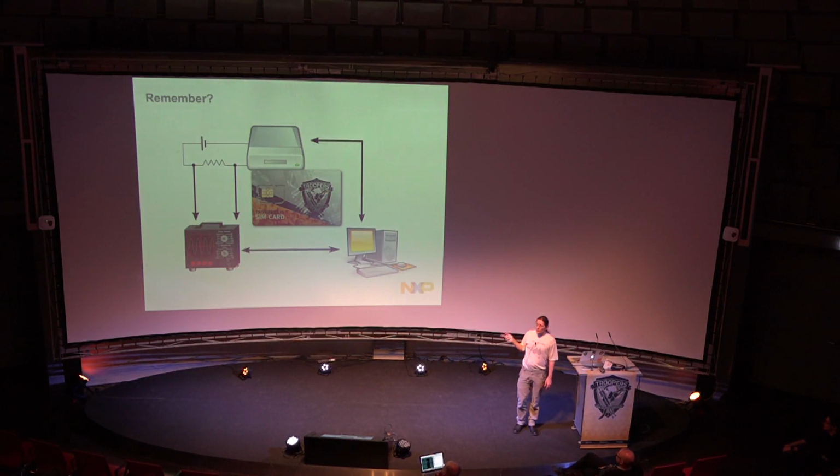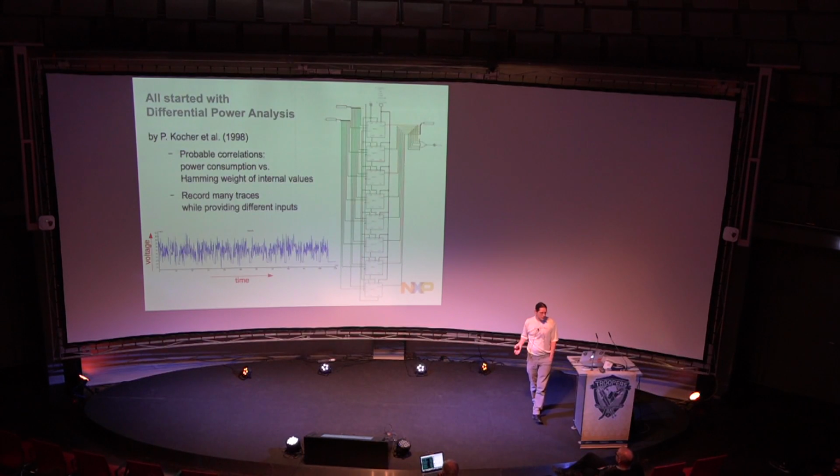You remember what I said at the beginning, the gray box model. We can measure power traces. And there in the gray box model, I don't care about the actual hardware implementation of the crypto. There are attacks that just work, unless there are specific protections on the chip. But at the very beginning, when this attack was presented, and it was already in '98, there was no protection, of course, against this kind of stuff specifically in the chip, and all the chips could be broken with the same method.